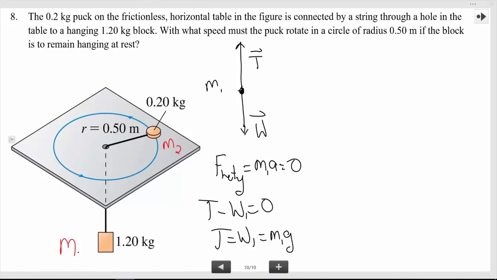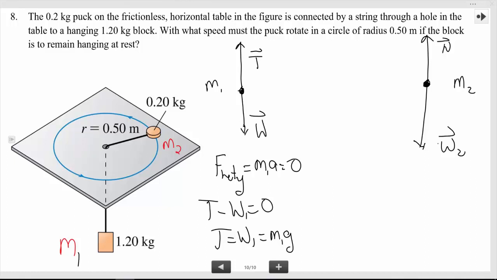So now if we were to take a look at M2 and draw the free body diagram for M2, this is what you would have. Here is M2. There would be naturally the weight of M2, the normal force from the table upwards. Now since M2 is not accelerating in the vertical direction, these two forces must have the same size.